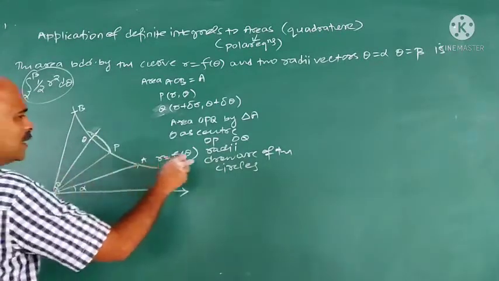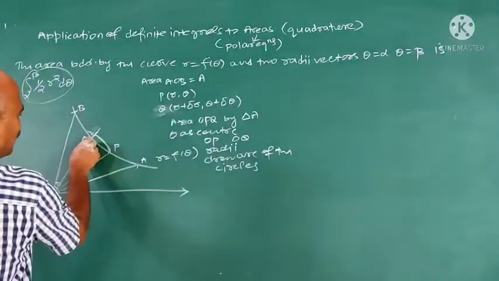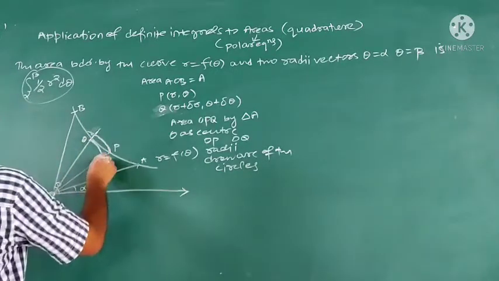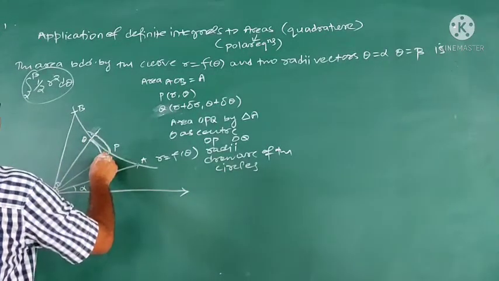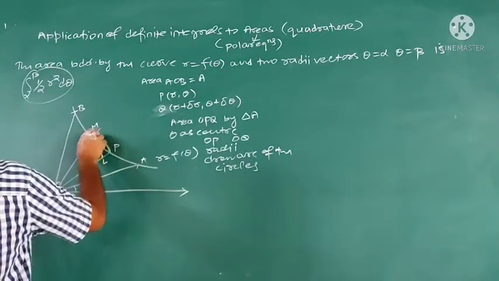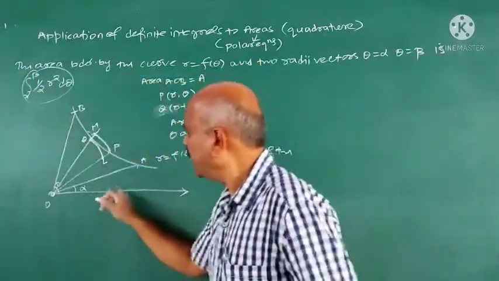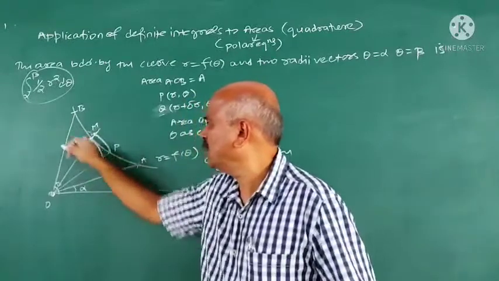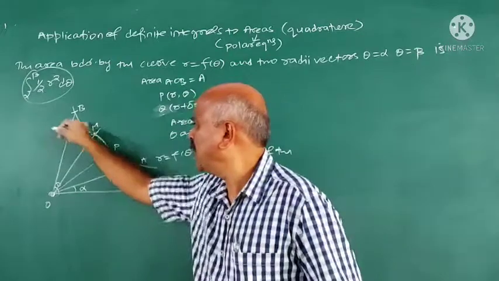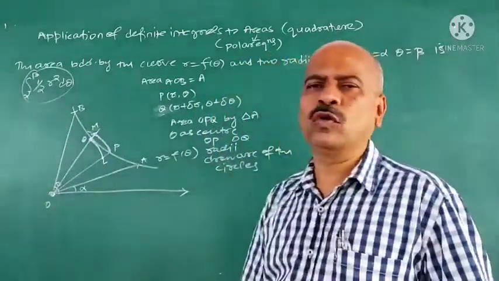And arc of the circle drawn with O as center and OQ as radius meets this one here. I take that as L and M. This is L, this is M. This is Q here. They are exactly circles, portion of the circles. LQ and MP, they are arcs of the circles with radii OP and OQ.